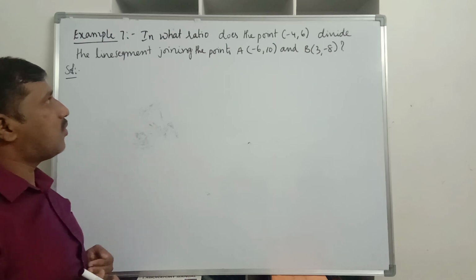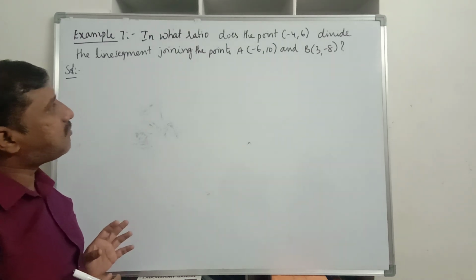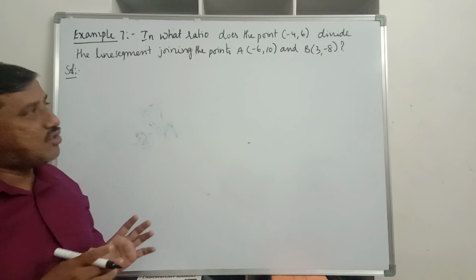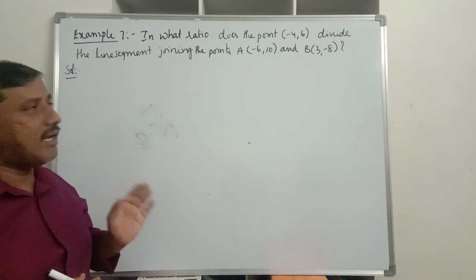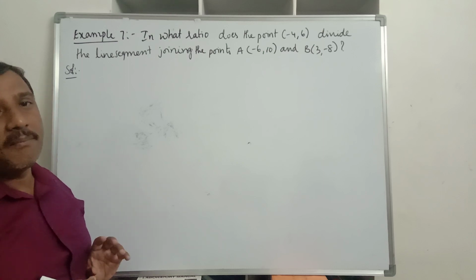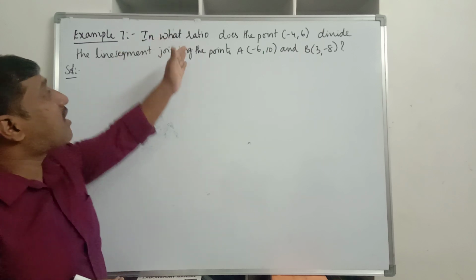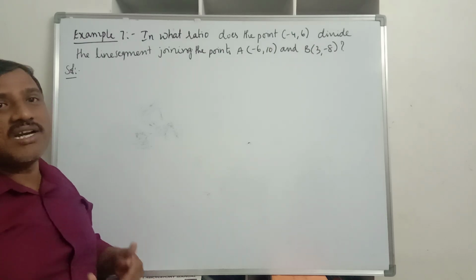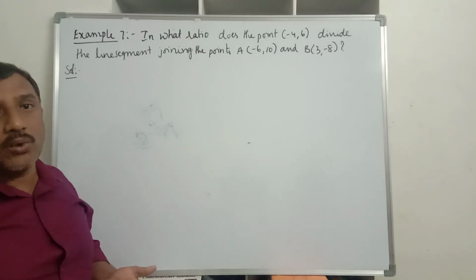In what ratio does the point (-4, 6) divide the line segment joining the points A(-6, 10) and B(3, -8)? In what ratio means we have to find the ratio, that is m1 is to m2.